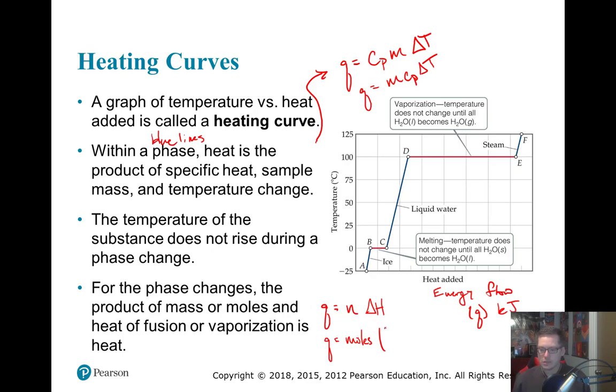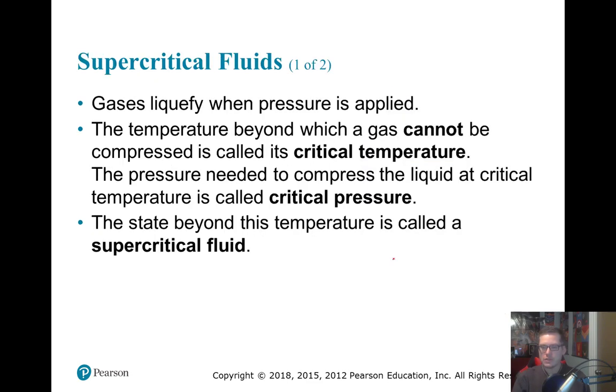So these guys will cancel each other, and you'll just end up with kilojoules. As we do our phase changes, we have to use the heat of fusion or vaporization, whichever one we need, to do the phase change we're talking about. And then we use MCAT for the non-phase change portions.